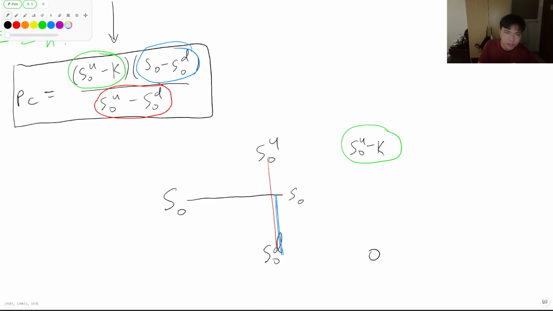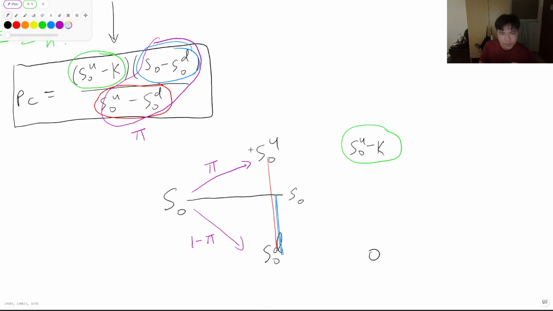And so what does this tell us? If we look at this ratio over here, we isolate this ratio. We see that this ratio is actually, because S naught is between S naught D and S naught U, if we call this ratio pi, it's between 0 and 1. And this ratio is actually the risk neutral probability pi of the uptick.